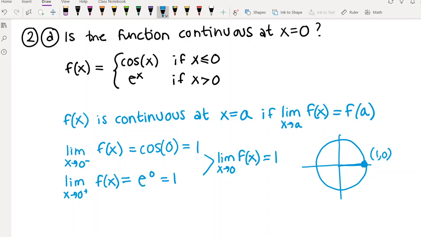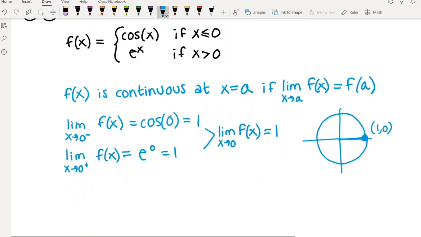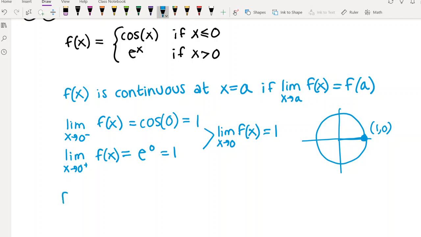So the limit exists. The other thing we need to check is, what do you actually get if you plug 0 into your function? We use the top equation, because that's the equation you use when x is actually equal to 0. And so we also get 1.